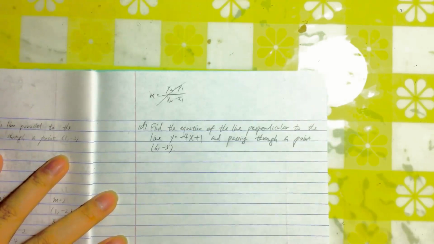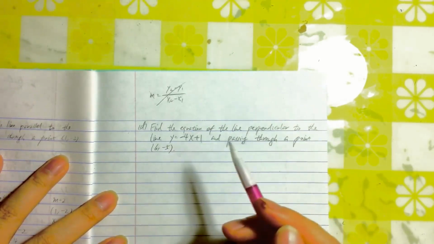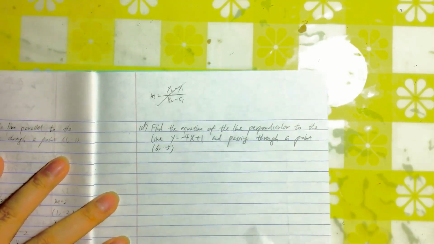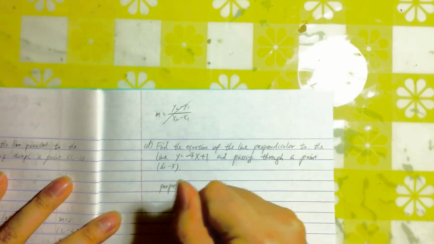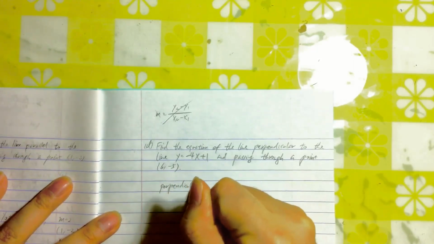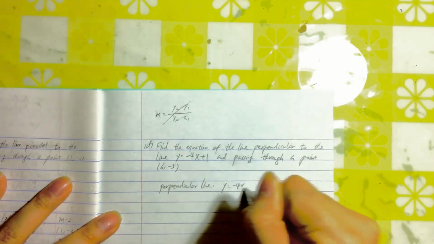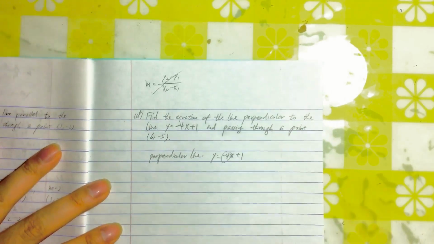In this problem, we know that there's a perpendicular line y equal to -4x plus 1. So we can use this line as a reference to find the slope of the line. We know that the slope of this line is -4.